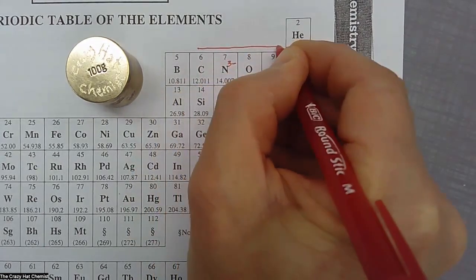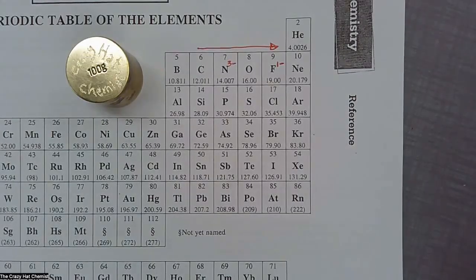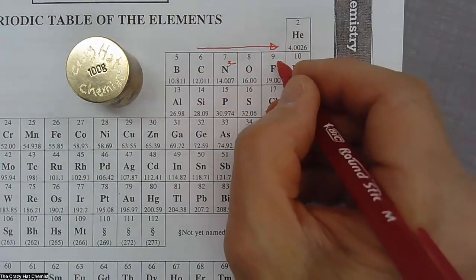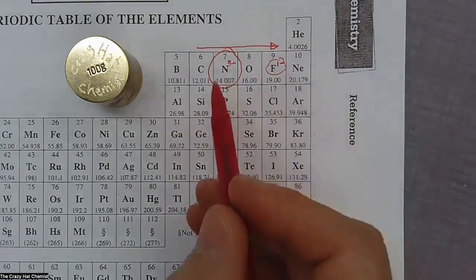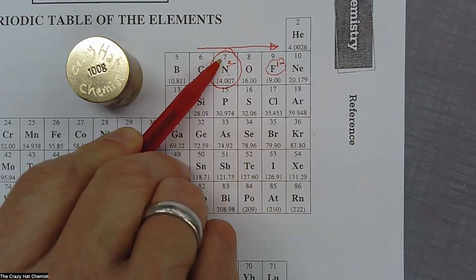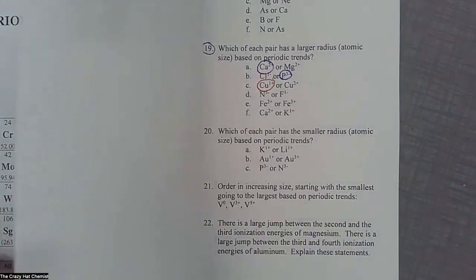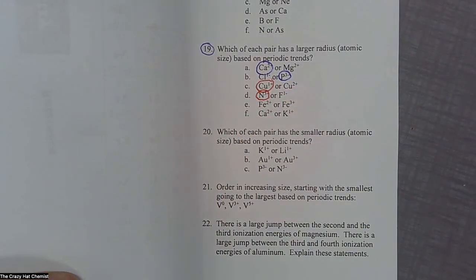Since they are in the same period, as one moves to the right within the period, they get smaller. So the fluoride is the smallest, the nitride is the largest. It has a greater number of electrons and the least effective nuclear charge of 7. So which one is the largest? That is the nitride ion. Fantastic. Got that one nailed.